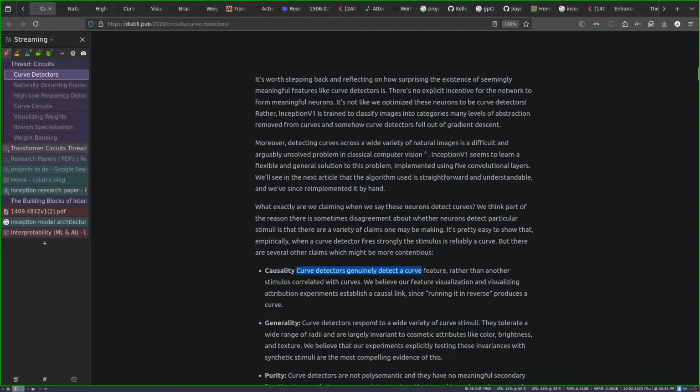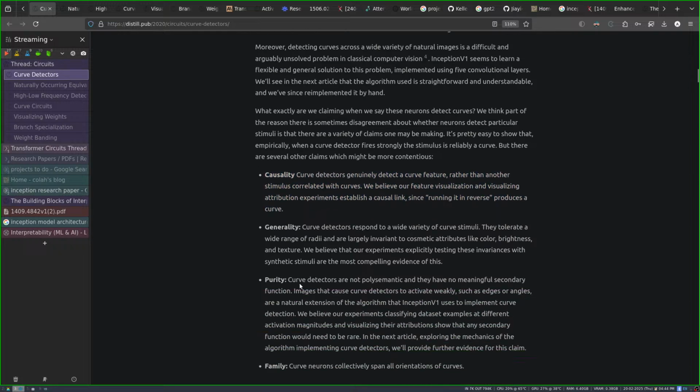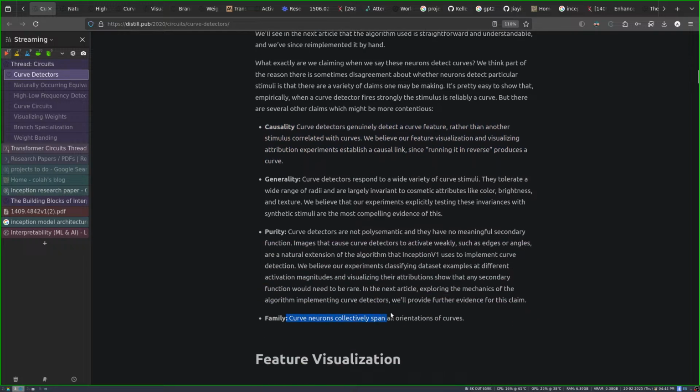Causality: curve detectors genuinely detect a curve feature rather than another stimulus correlated with curves.